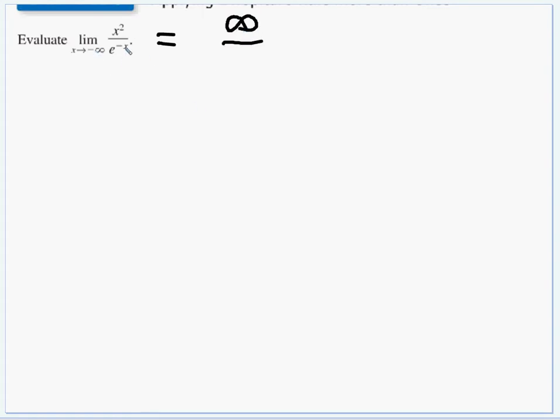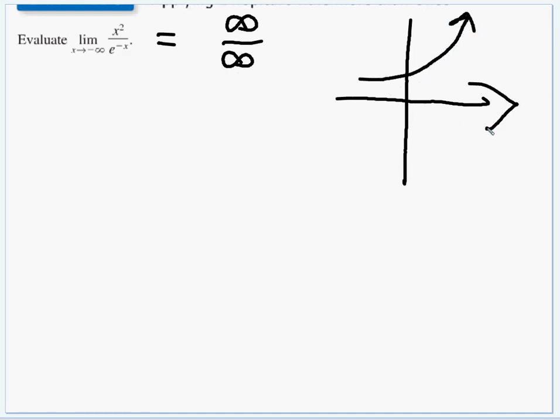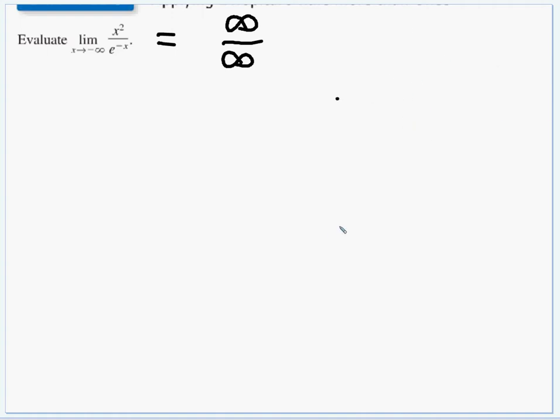And if we put the negative infinity up here in this exponent, that's going to be e to the negative infinity, so that is e to the infinite power. That is also heading to infinity, because remember, e to the x looks like this. So as we're heading out toward infinity, we're heading up also toward infinity on our y-axis. So we are in a form that L'Hopital's rule can be applied.